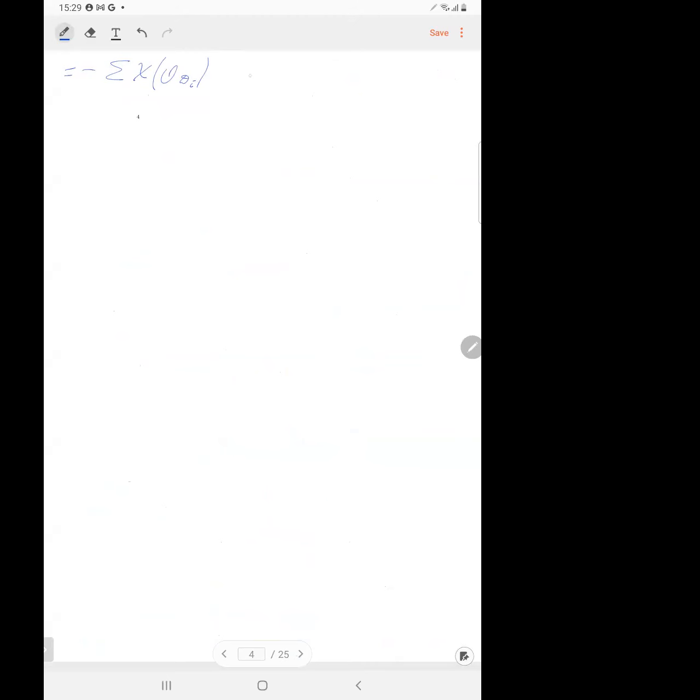So from this we get that the Euler characteristic of the structure sheaf minus Euler characteristic of L inverse is the Euler characteristic of the canonical class minus the Euler characteristic of the canonical class twisted by the sum of D_i's like this.